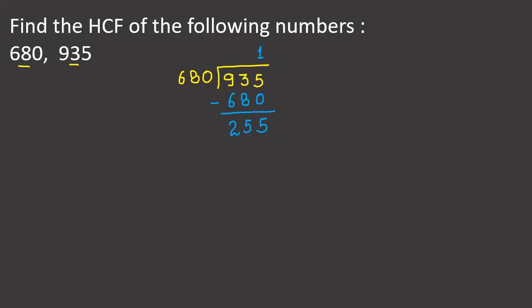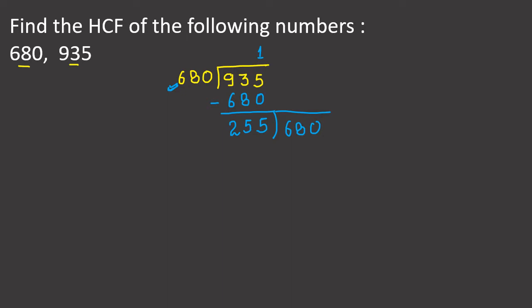So in the next step, this remainder will be the next divisor. Means now 255 will be the divisor, and the first divisor, that is 680, will become the new dividend, which means we have to divide 680 by 255 now.